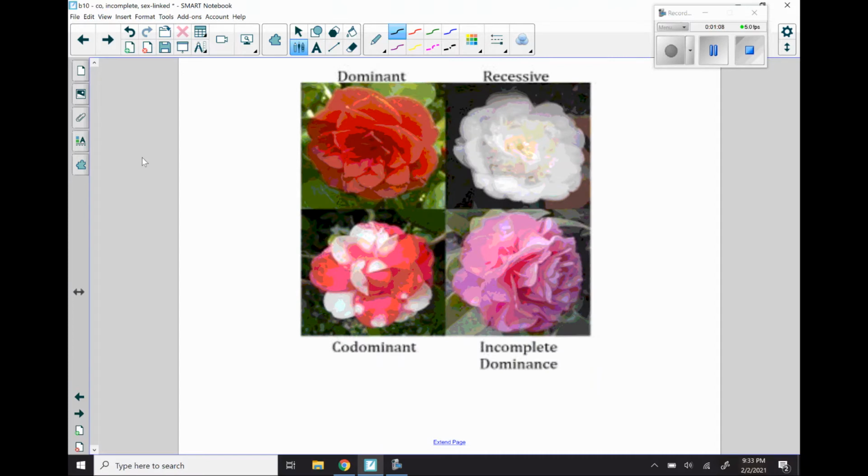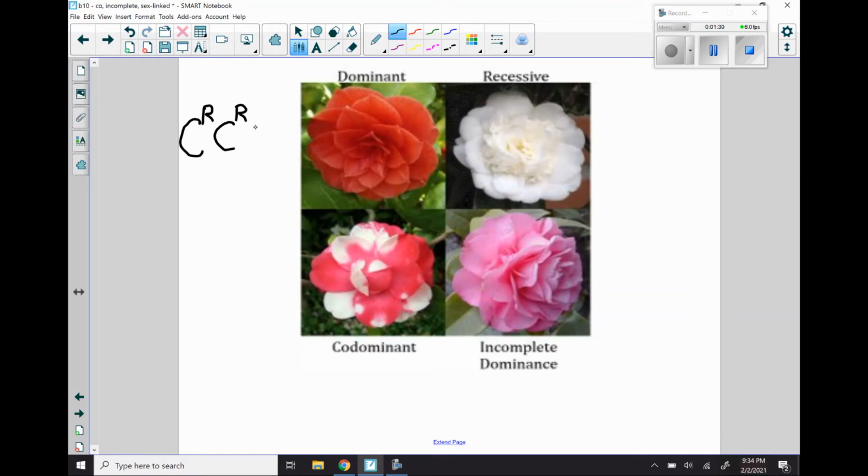So here's an example of flowers. We have the dominant color being red, and we're going to use slightly different notation on the alleles just to show that these are all dominant. I can't really use uppercase and lowercase here. So I'm putting my alleles almost like exponents.